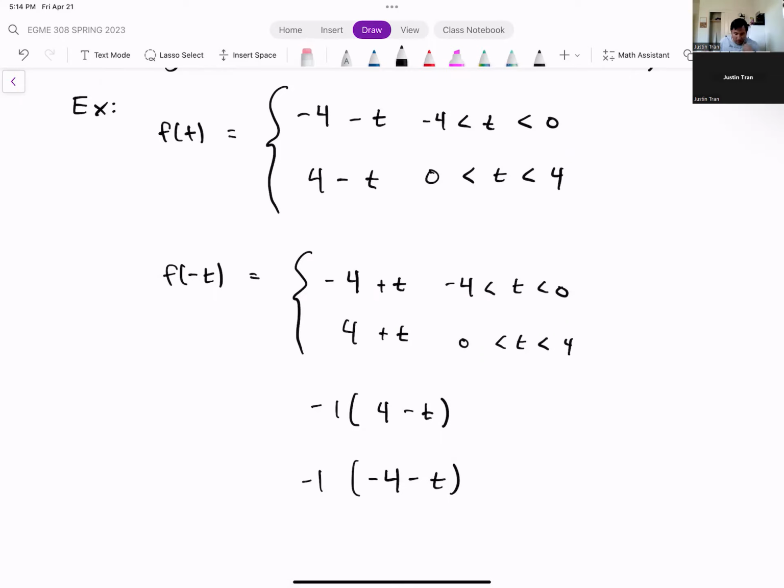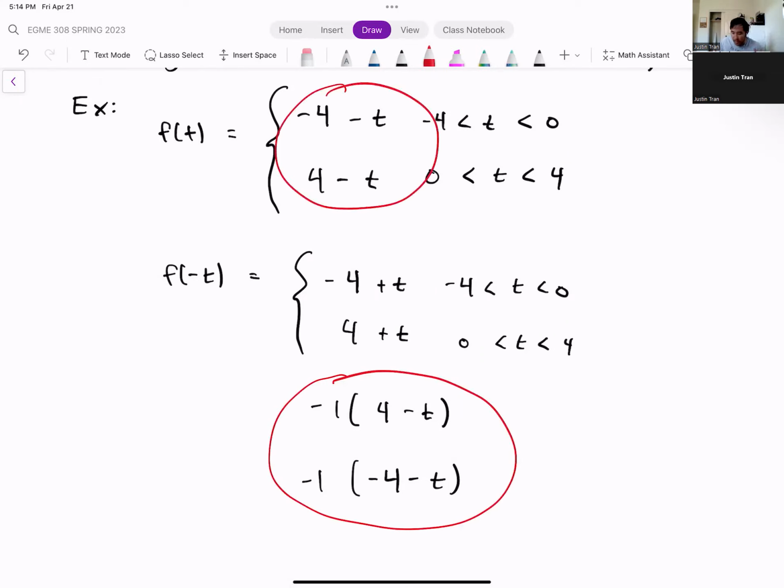If you look at this and look at this up here, you can see that they're opposites of each other when we factor out that minus 1. So when we plugged in f of minus t, we get just the opposite function of what we obtained.